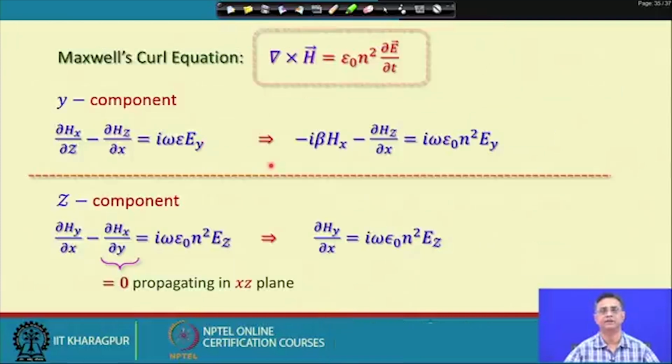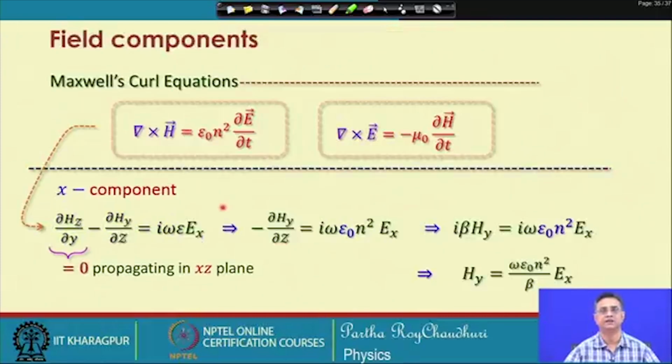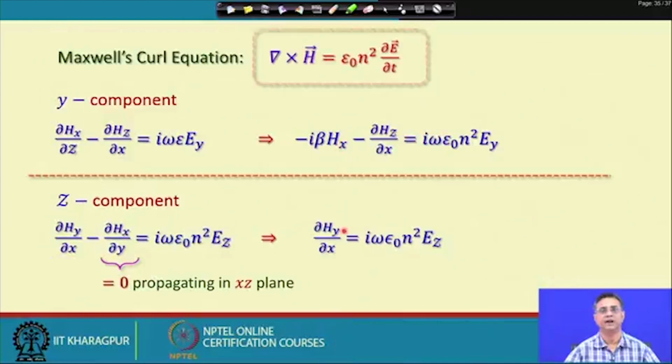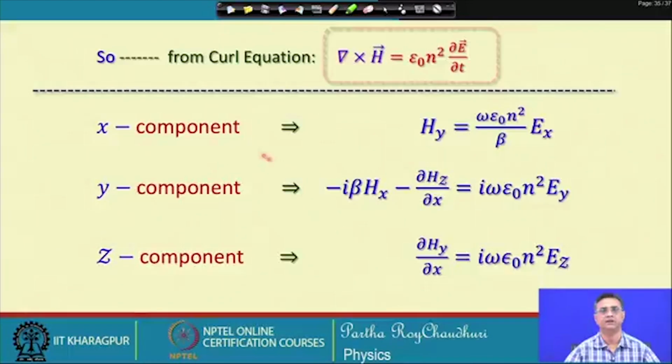So, from here if we summarize all the three equations, that is this one and this one, if you put them together, you have the x component of the field giving you the connection between E x and H y, the y component of the field, H x and H z connected to E y, and for the z component you have a connection between H y and E z.